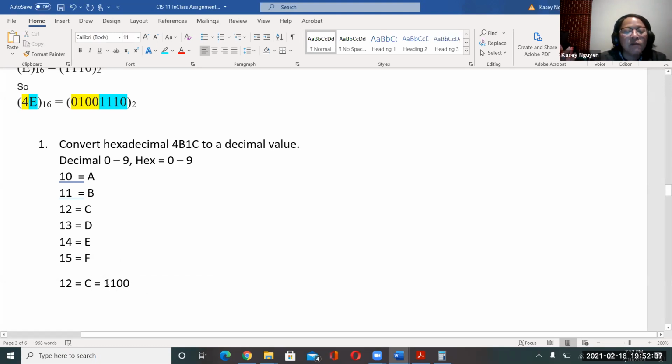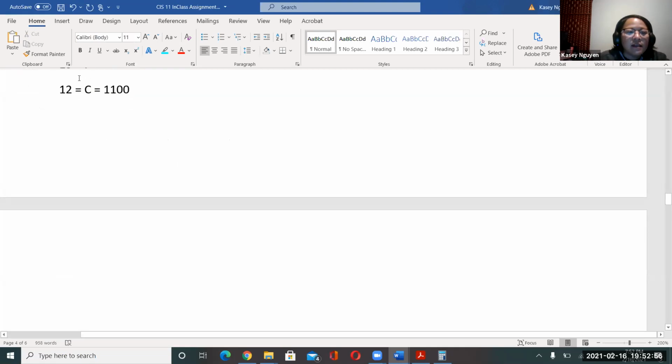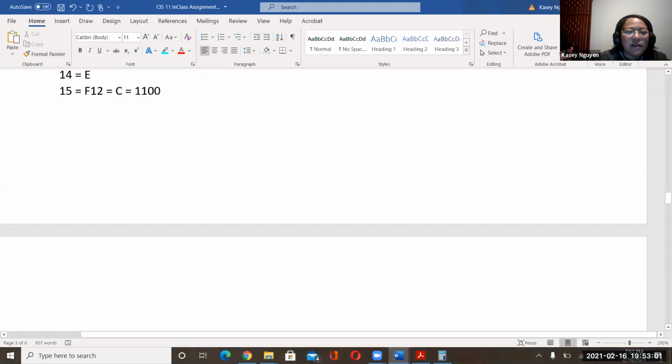We can subtract 8 from 12, and 12 minus 8 is 4. Then we have 4 left, and we subtract the 4, that's 1, and we have nothing left, because for the 2 and the 1 there's nothing left to subtract, so that's 0. Then we would go to the next one. So that will be C.